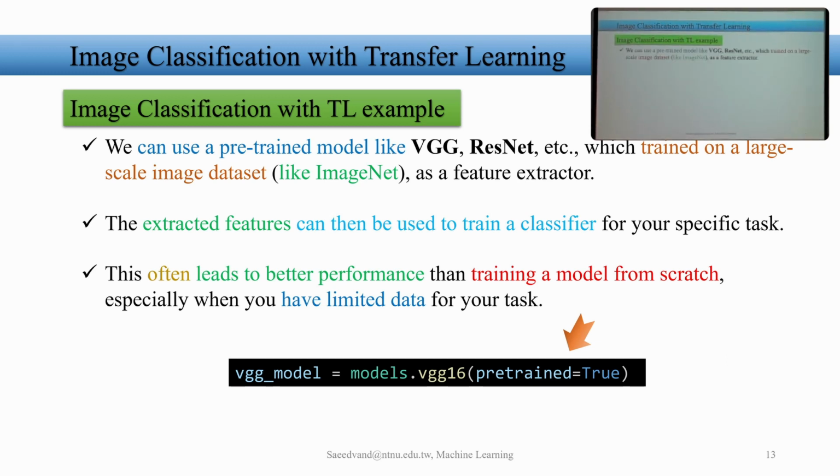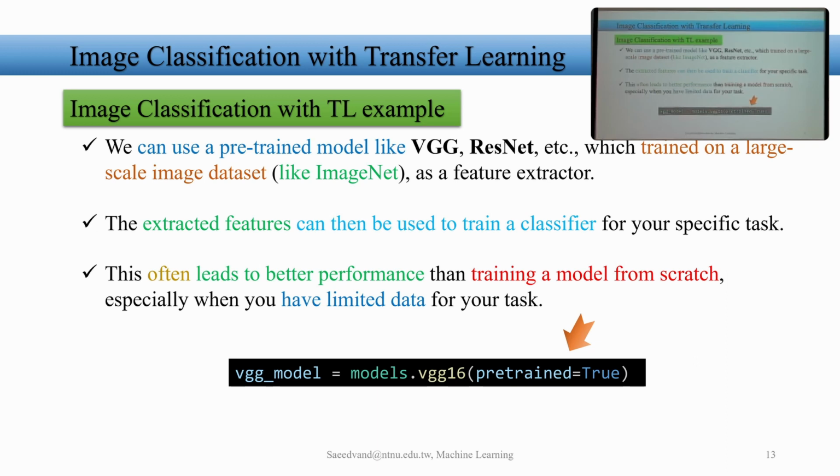As an example of image classification, as I mentioned a couple of times, we can use a pre-trained VGG or ResNet, trained with a large set of images like ImageNet, and the extracted features can be used in a new model. Most of the time this leads to better performance than training from scratch with random weights, if we consider the approach where we transfer only the weights.